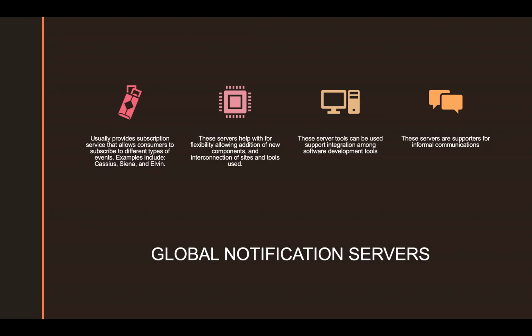They usually provide subscription services that allow consumers to subscribe to different types of events. Examples of global notification servers include Cache, Sienna, and Elvin. These servers help with flexibility, allowing addition of new components and interconnection of sites and tools used. They can be used to support integration among software development tools, and they can be used to support informal communication as well.